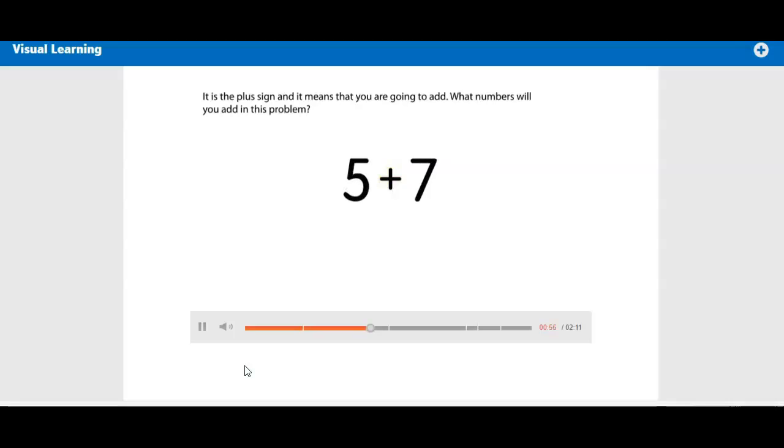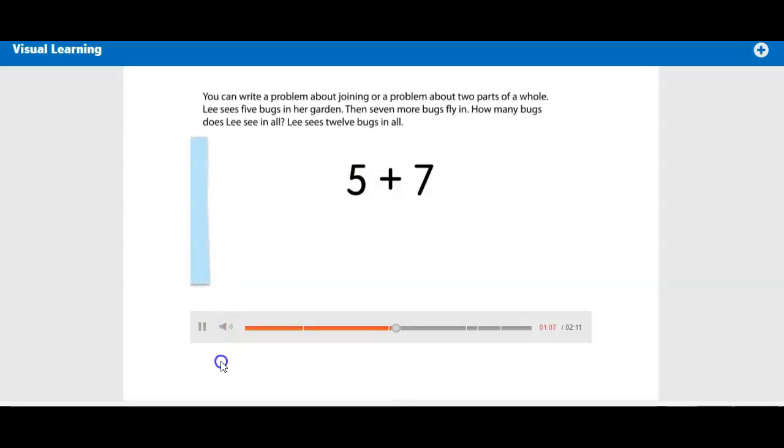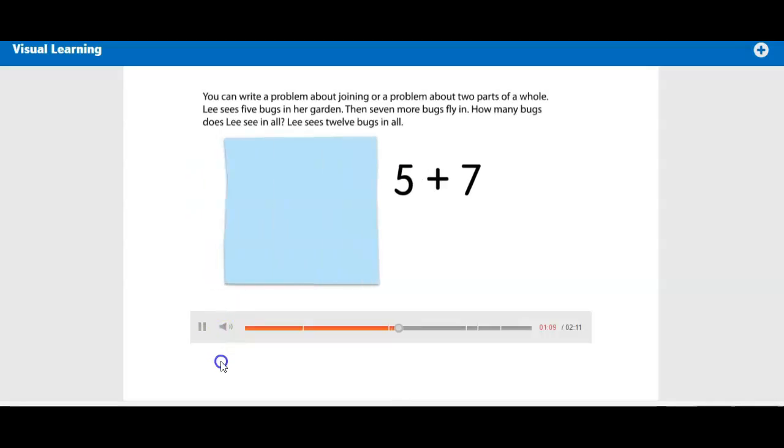What numbers will you add in this problem? You will add 5 and 7. What kind of number story can you write? You can write a problem about joining or a problem about two parts of a whole.